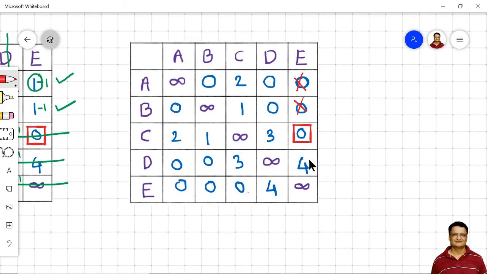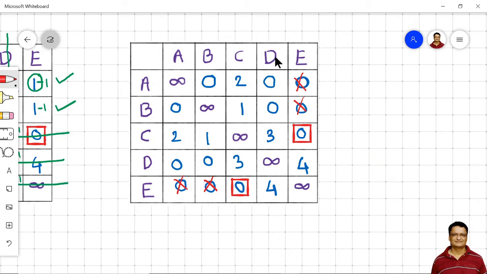Now again look for a row which has only 1 uncrossed 0. There are no rows with only 1 0. Looking in the columns, in this particular column C there is only 1 0. So I can make one allocation at this point, and I will cross these zeros in this row.